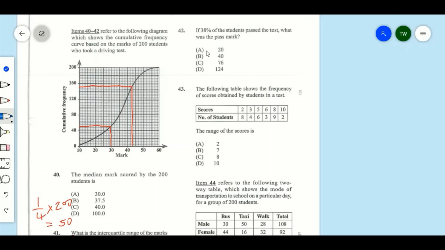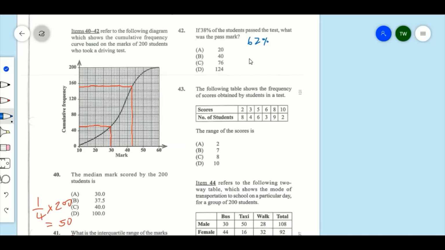Item 42. If 38% of the students passed the test, what was the pass mark? Well, you know that the total percent represents 100. So if 38% pass the test, it means that 62% would have scored a mark below the pass mark, right?